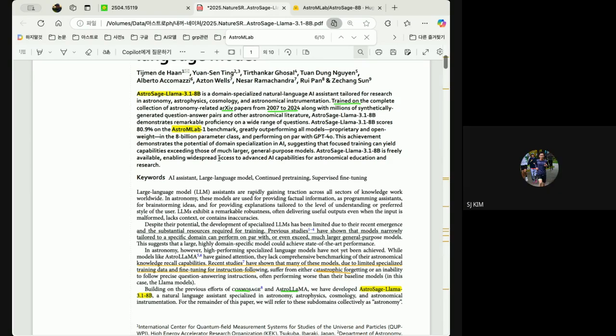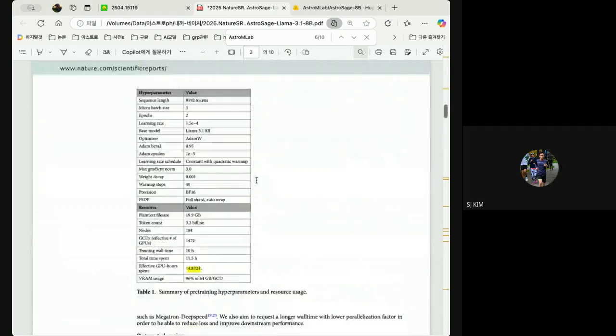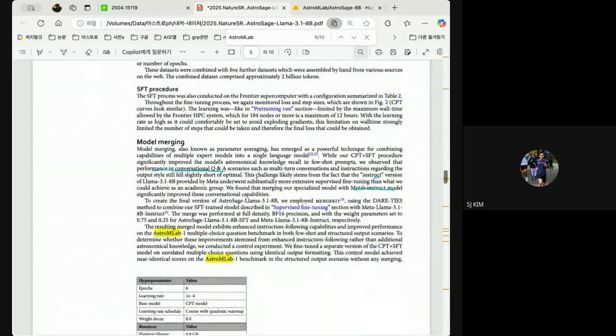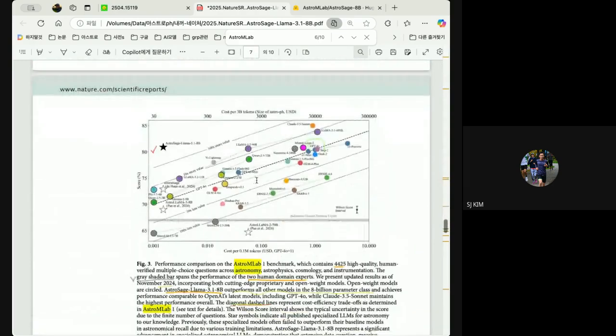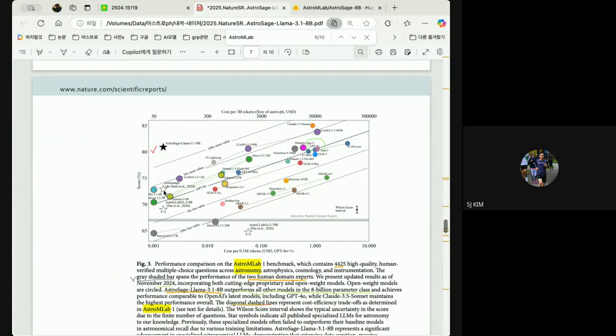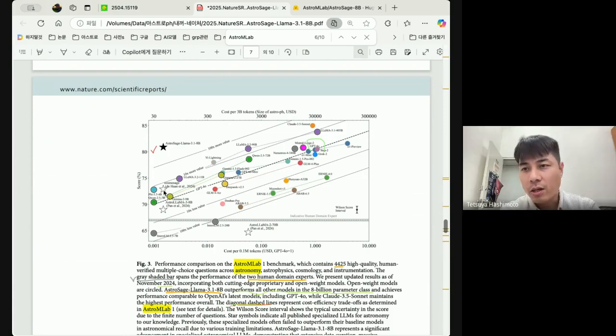But it has really improved compared to the previous models. These are previous models. I think it's too early to say this is useful for research. But for general use, maybe useful.